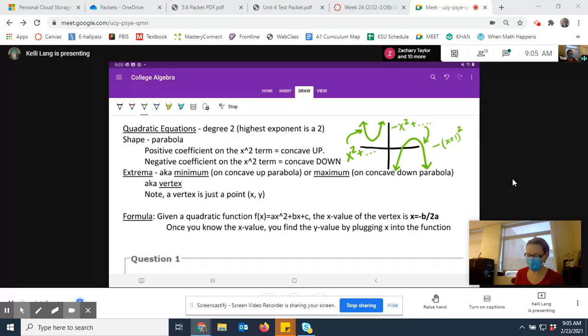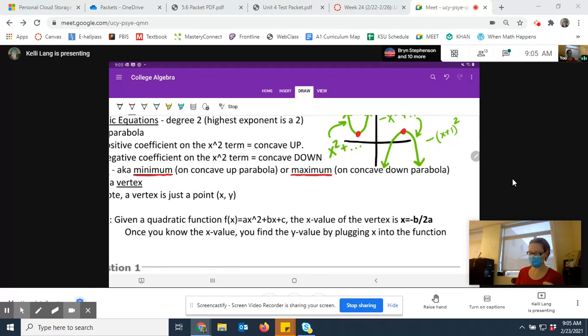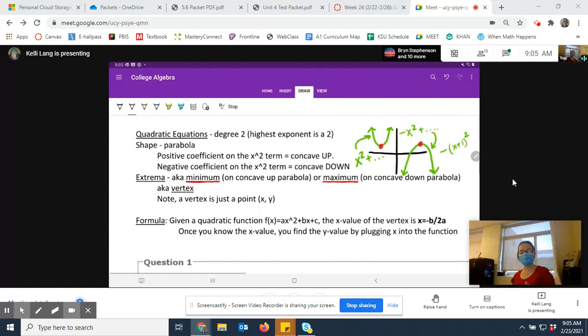We often call them the minimum or the maximum. And whether we're dealing with a minimum will depend on whether we're dealing with a concave up or a concave down quadratic. So in the two examples I drew before, you'll see that a concave up parabola has a minimum. A concave down parabola has a maximum.